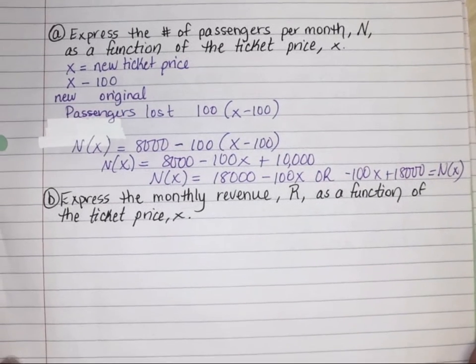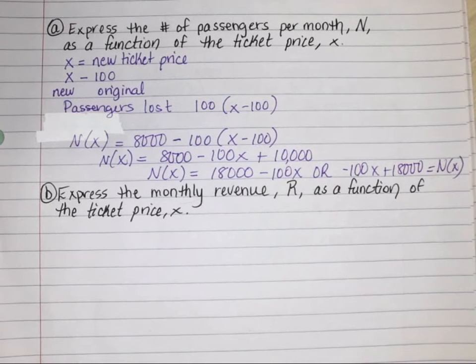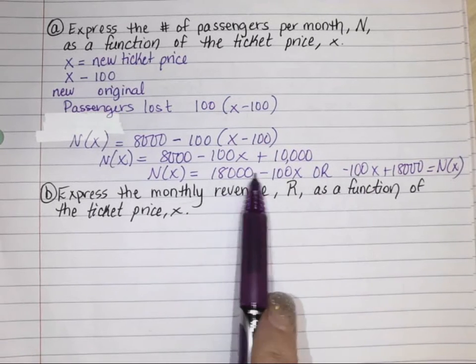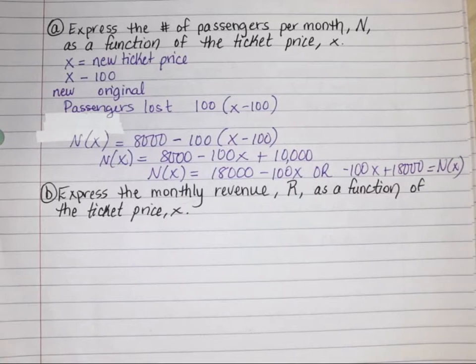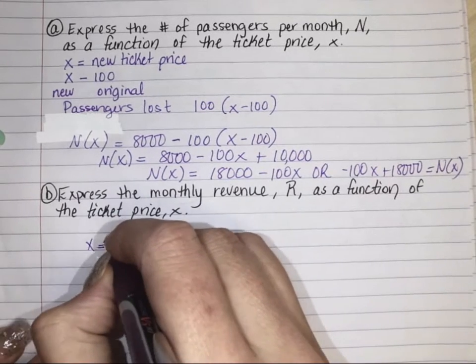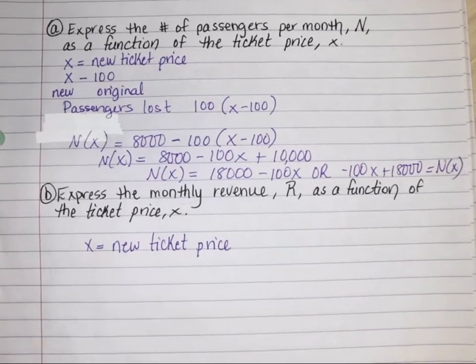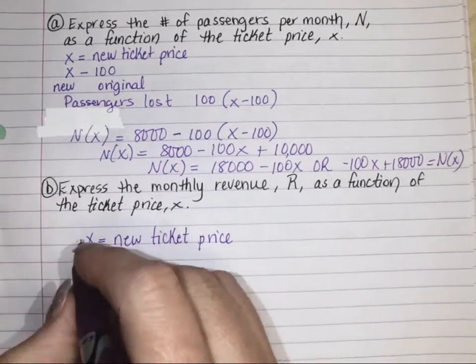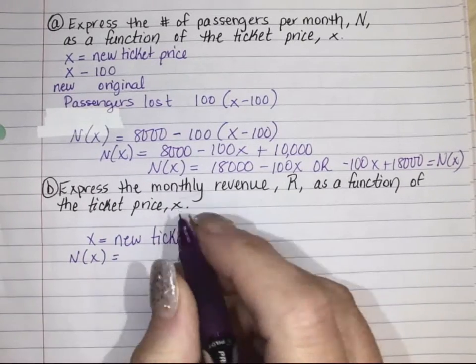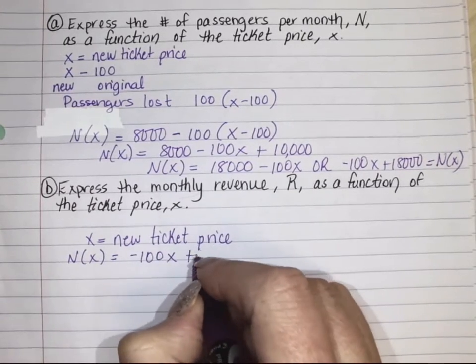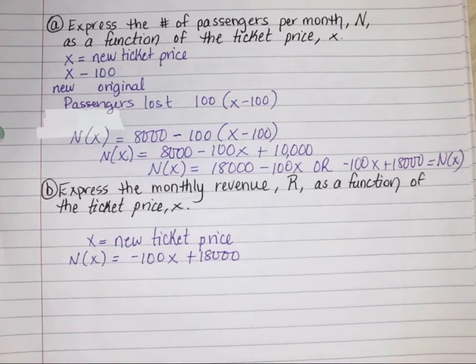All right, part B says to express the monthly revenue R as a function of the ticket price. If this represents the number of passengers that you have, and your new ticket price, we've already said, was X. So remember, X was the new ticket price. And then we know that the number of passengers is negative 100x plus 18,000. And of course, revenue is money per person.